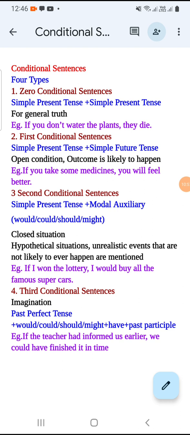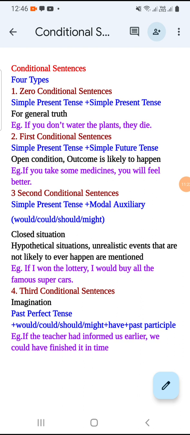Open condition: exams are going on, many students are writing exams, right? So you can see here your parents are making you aware or giving you a warning: if you don't study, you will fail in the exam. This is called the first condition.